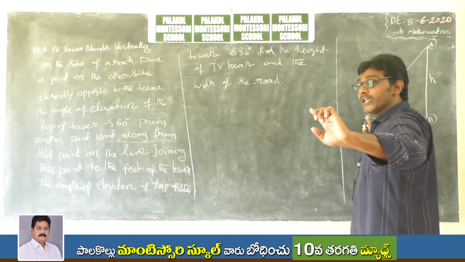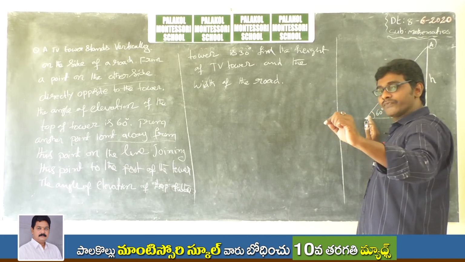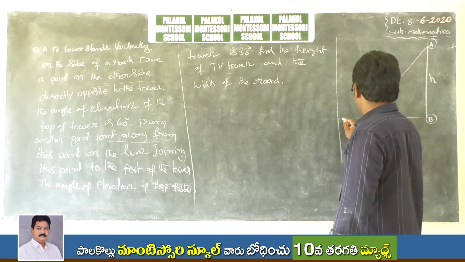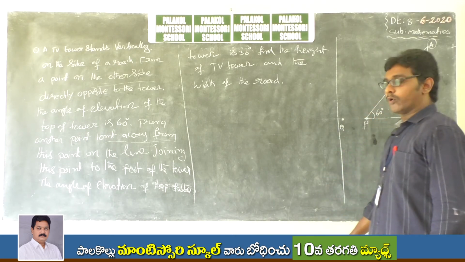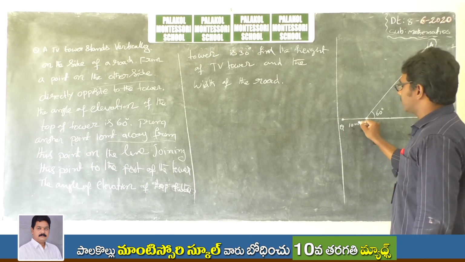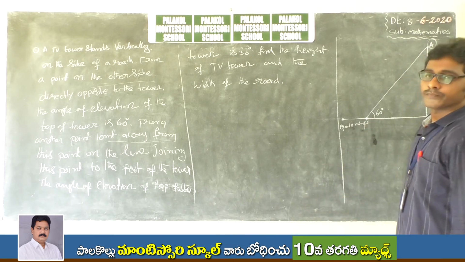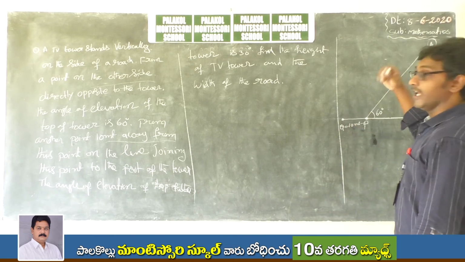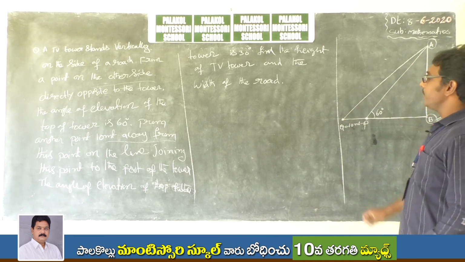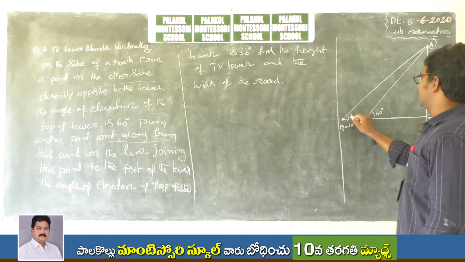Again you identify one more point on the same line, but that point is 10 meters distance from P. So I write one more point on the same line segment. The distance QP is 10 meters. That point again sees the top of the TV tower and makes an angle of elevation of 30 degrees.